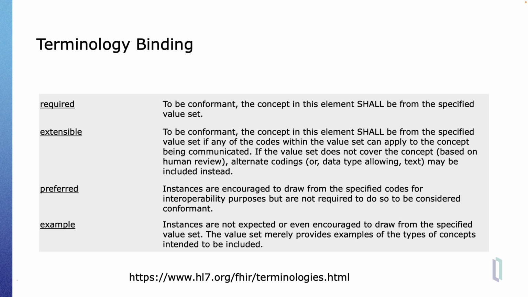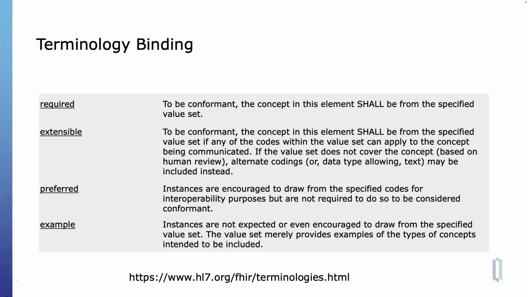Required means that if this terminology is valid in the FHIR spec, that element has to have a code from the required code set. Extensible means that we should choose a code from the value set when it is available. But if it's not available, we're allowed to extend it, so we could create alternate codings.